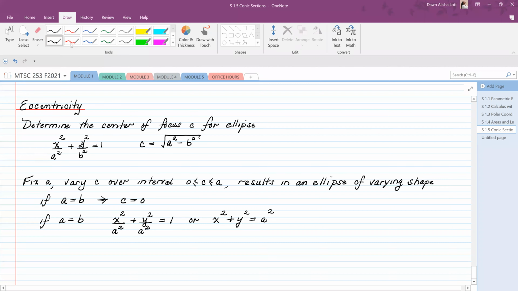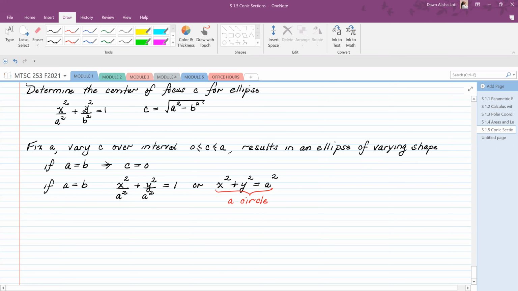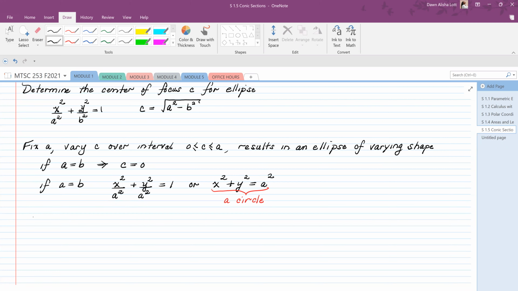And oh my, that is a circle. So the ellipse begins to flatten as c increases.